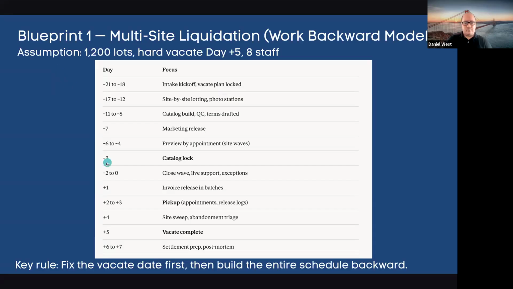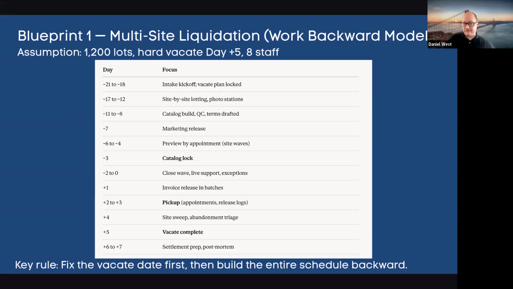You always work backwards from when you have to get out. So there's the drop dead date, the vacate date, and then you work backwards from there for all the other phases. Doing this type of planning will help you a lot, where you really stop to think: okay, we know when we have to be out by. We know when we have to have contracts signed by.